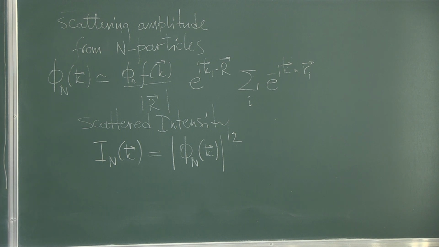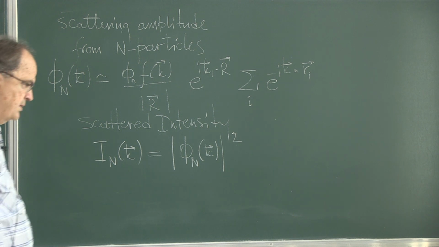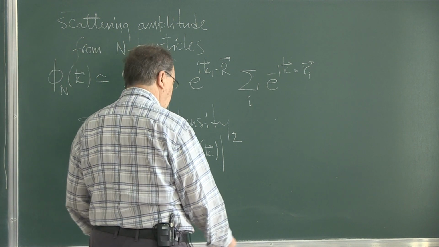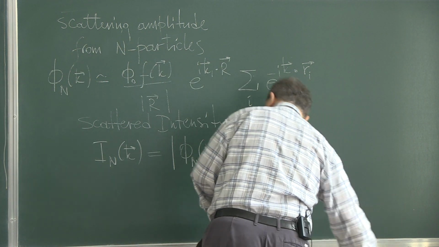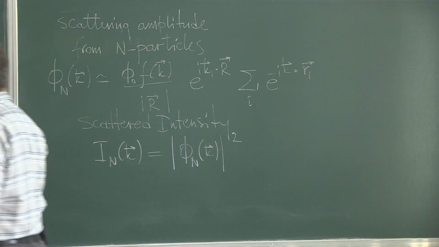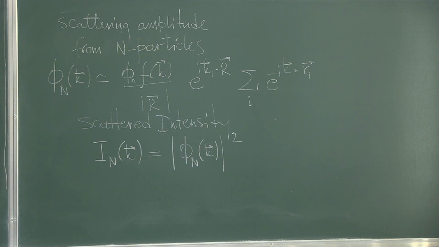That's what you are going to count by the detector. What is the scattered intensity from your system? Now, let's keep this picture in mind. We copied it.